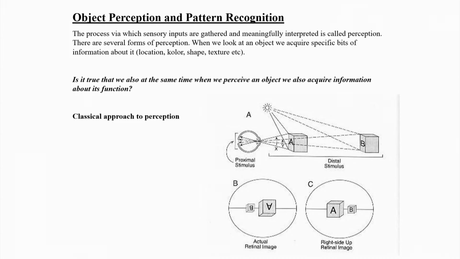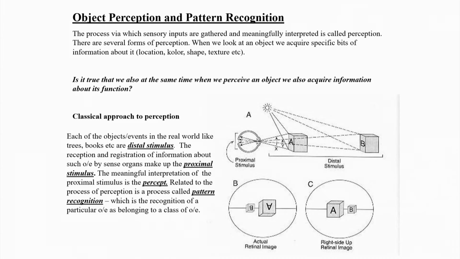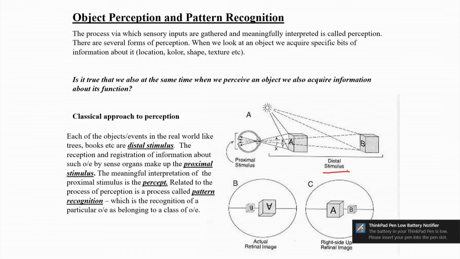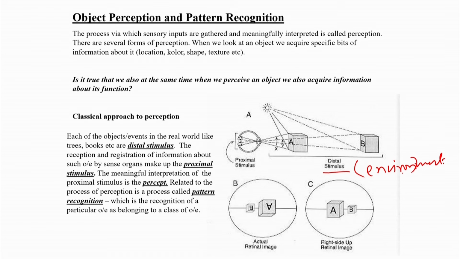The classical approach to perception starts with identifying something called the distal stimulus and something called the proximal stimulus. Look at the figure which we have here. As you look at it, there are two objects in the environment. These objects have a particular shape, texture and form, and light is reflected from these objects onto the retina.